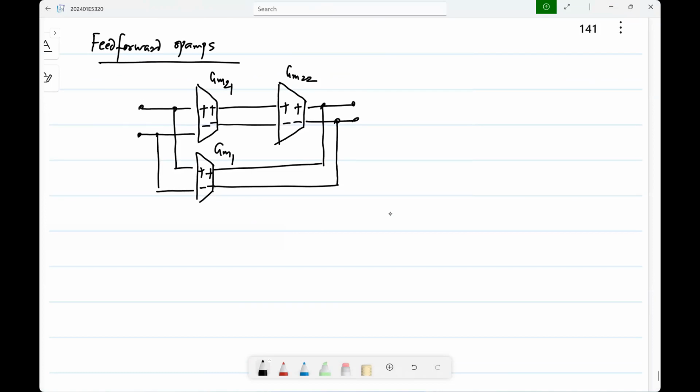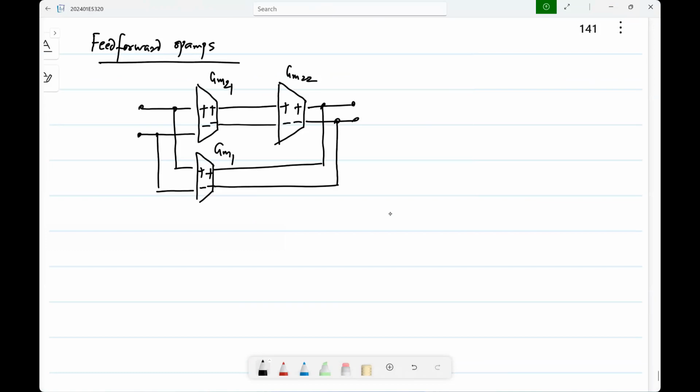So how would we go about implementing these? What stages should I use? How would I implement this? Does any part of this resemble any fully differential circuit that we have designed earlier? Which one?